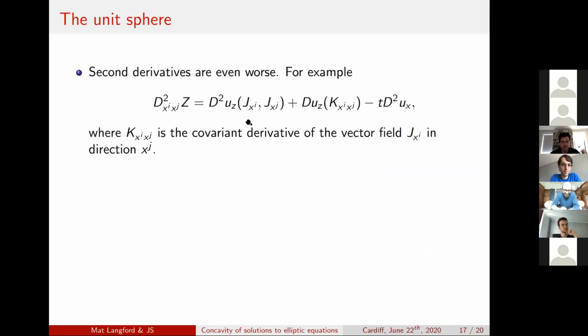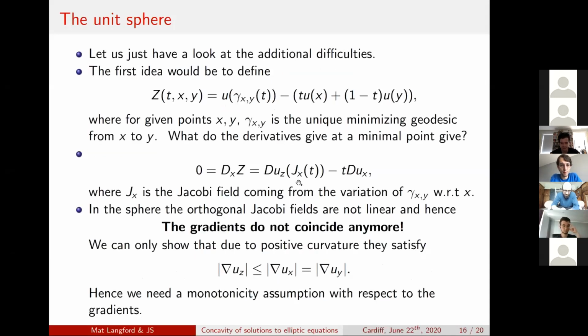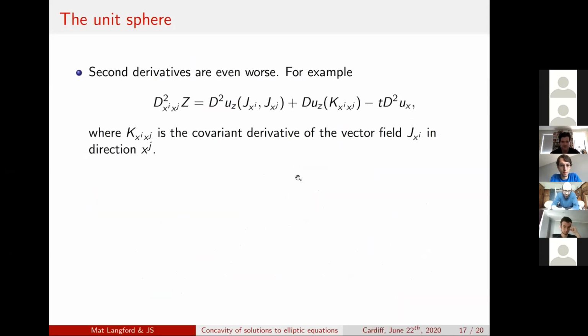We have to do that whole thing again. The first part is not a problem. We get a Hessian at the midpoint applied to two Jacobi fields. But now we also have to differentiate J with respect to x. And there the nightmare starts, because we get the second derivative of the geodesic, which we denote by K. It's very hard to get information on these.